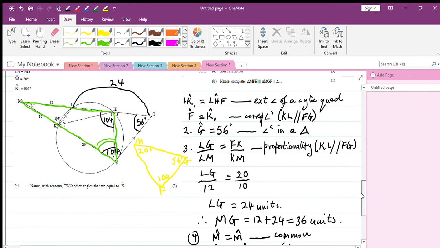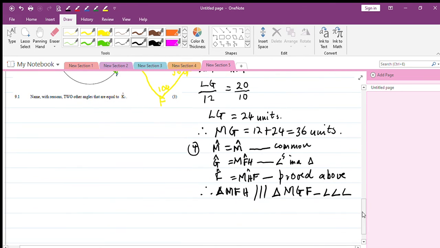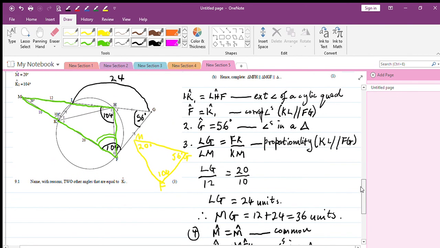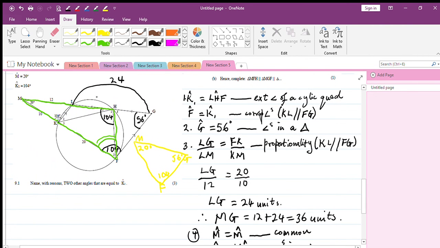So let's complete that. MFH is similar to triangle MGF, similar. Now we're looking for the third triangle which is similar to these other triangles. There is the triangle.